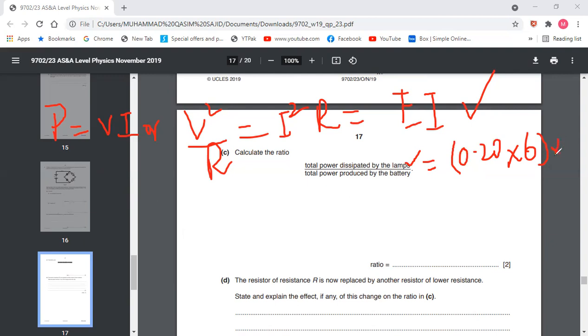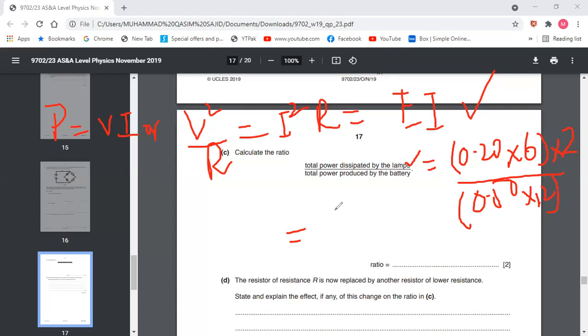Now the connections of lamps are two, so there must be a multiple that is two. And the second one is the voltage equals 0.50, and I think the value is 12. Never mind, let me just calculate it first. 0.2 into 6 into 12.